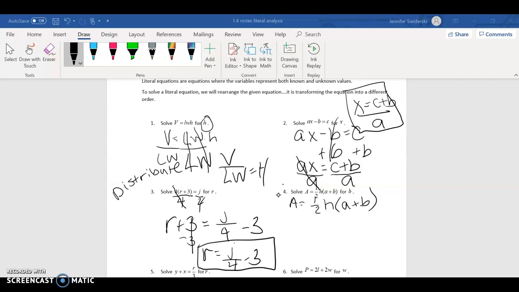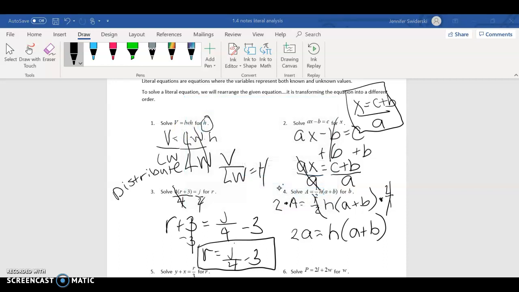Instead of dividing like we did when we divided by 4, I need to multiply by the reciprocal. If I multiply by 2, the 2 over 1 and the 1/2 cancel. So I need to multiply this side by 2 as well. Now I have 2A is equal to H, A plus B.